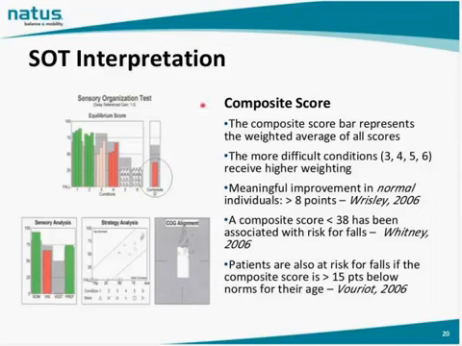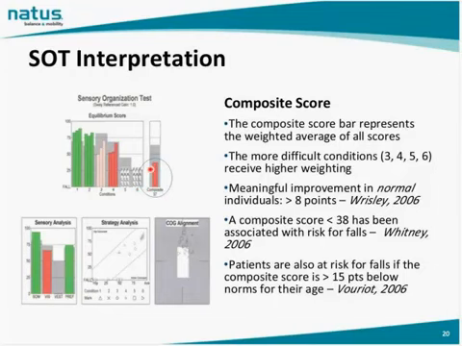Once you've looked at the overall pattern of the data, the composite score will give you a very quick index of whether or not overall the data is or is not within normal limits. In this case, obviously it's not, because these fall reactions are counted in here as zeros and drop the composite score.